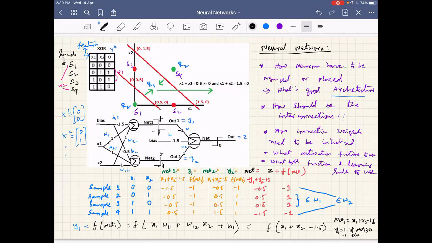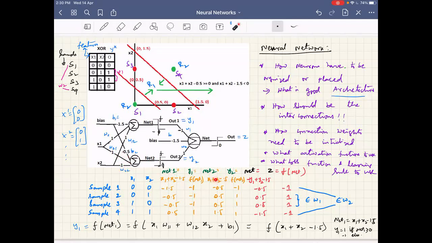Okay, so now let us see the other details that are shown in the table. Similarly, net1 I have written here, x1 plus x2 minus 1.5. Y1, as you can see, is f of net1. When this is negative, this is minus 1. When this is positive, this is plus 1. Similarly, what is net2? Net2 is equal to x1 plus x2 minus 0.5.